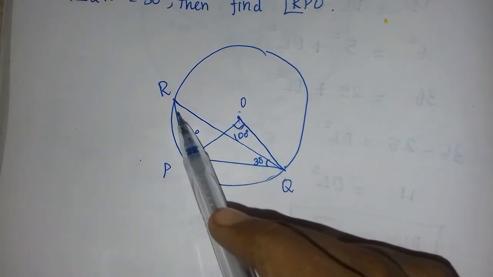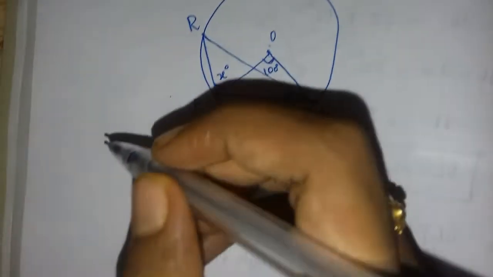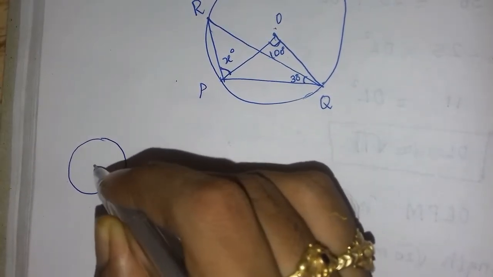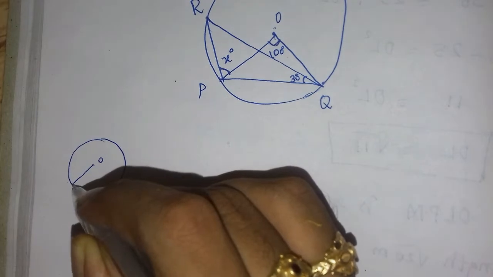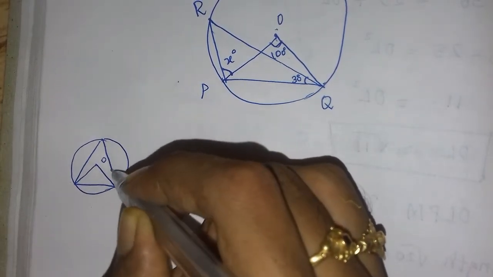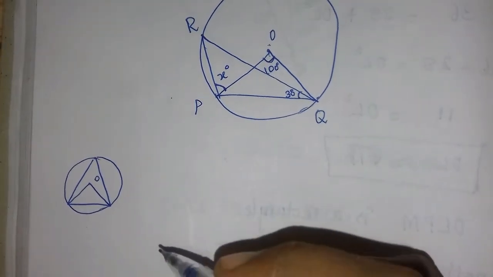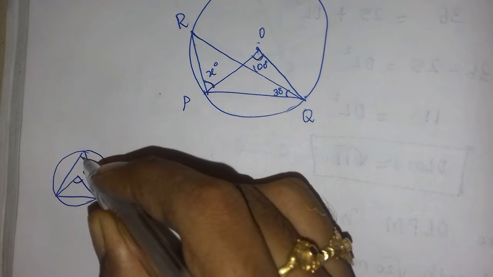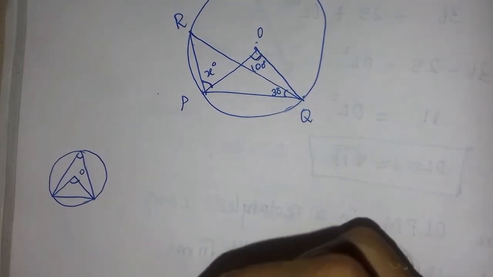How will you find this angle? We have seen the theorem that this is a circle. Here this is center O, and here this is a chord, and like this we have seen a figure in the last exercise. This angle and this angle have a relationship. Do you remember that?